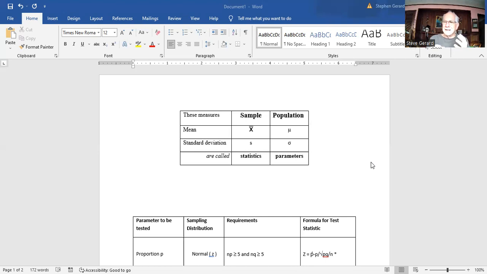But the idea that somehow you're going to go measure every one of those to get an estimate of what the population height is, is unrealistic. So what you do is you take a sample of some size, and from that sample you extrapolate to the population. And you can do that with different degrees of confidence.